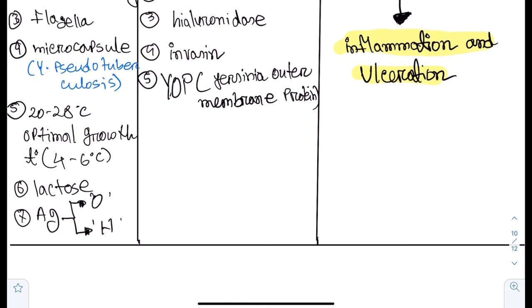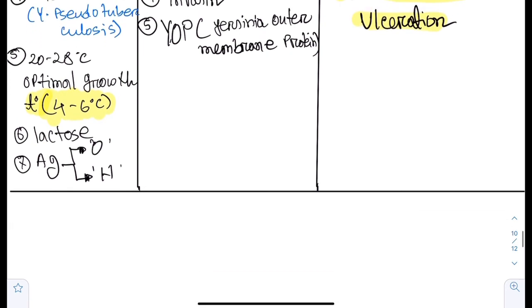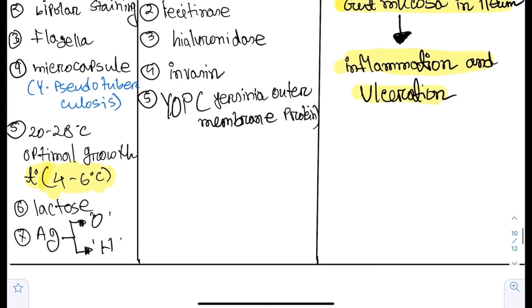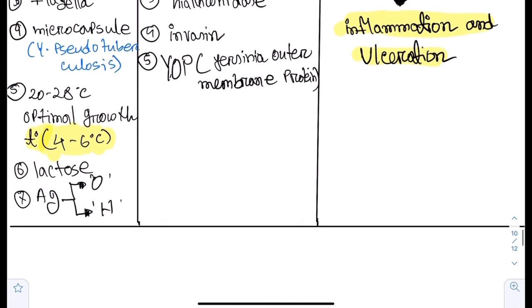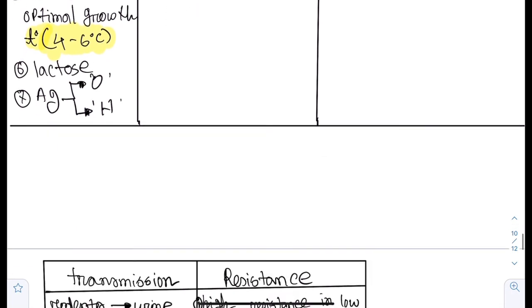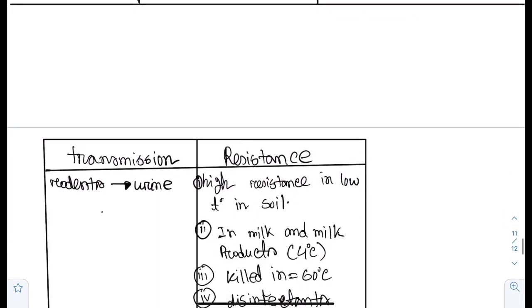But only in the case of Yersinia, they need 4 to 6 degrees of temperature to grow. So the optimal growth occurs at 4 to 6 degrees, not at normal body temperature. So when we cultivate the bacteria in the lab, we need to keep the petri dish with the agar in a 4 to 6 degree box or in the fridge.